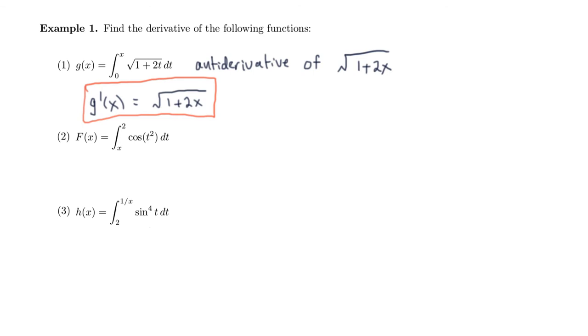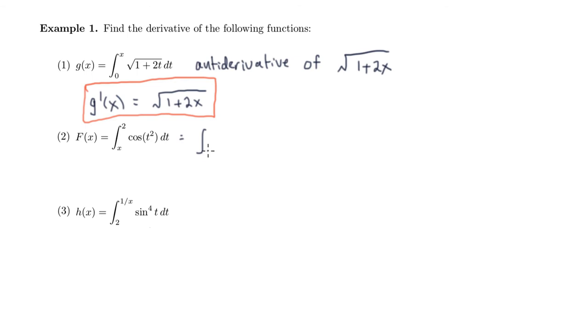Now for 2, it's still pretty easy, but we do need to be a little bit careful because you see that the variable of integration is t, and then the lower limit of integration is actually the variable for this function, capital F of x. So it's not exactly in the form of an antiderivative of the integrand. But what we can do is apply our properties of integrals. So we can actually switch the lower and upper limits of integration.